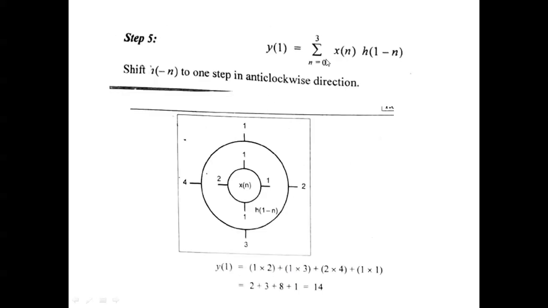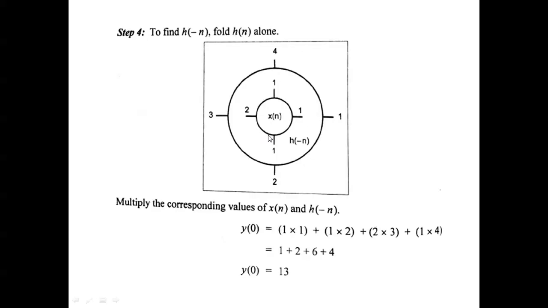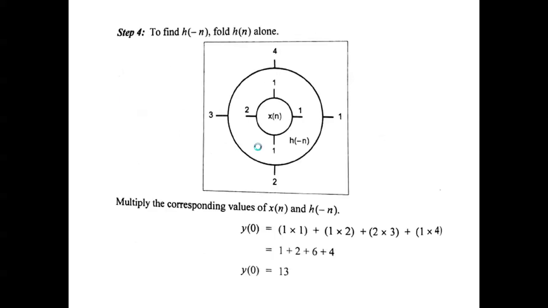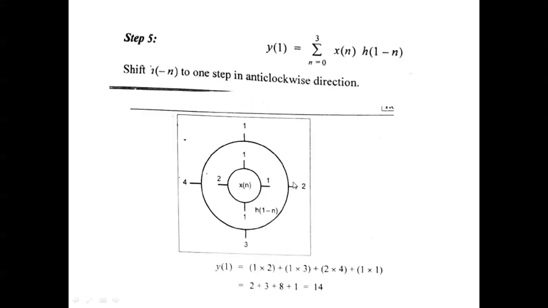You just multiply what is already there and add it to get y of 0. For y of 1, the n value is 1, so we have to shift one step in the anti-clockwise direction. The outside circle has to be shifted anti-clockwise.